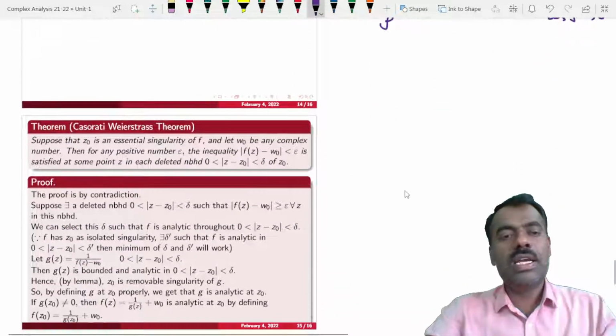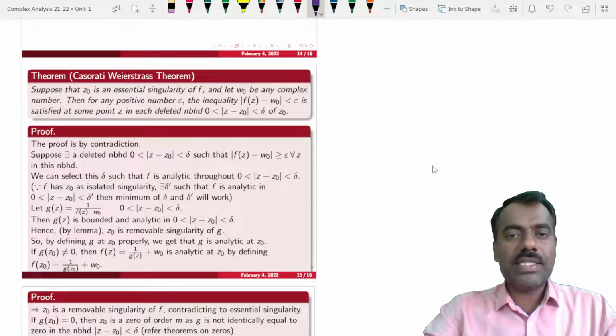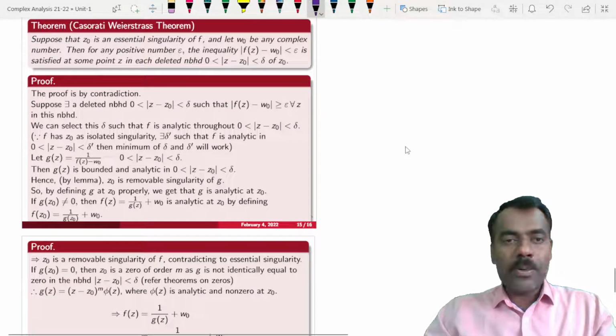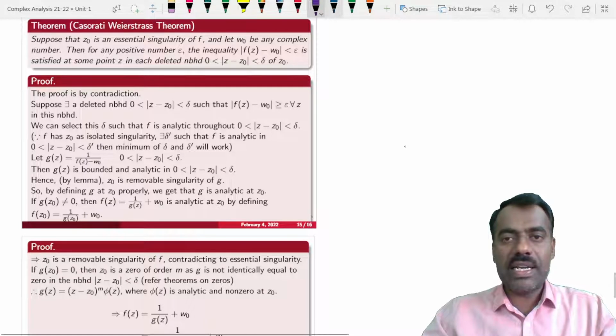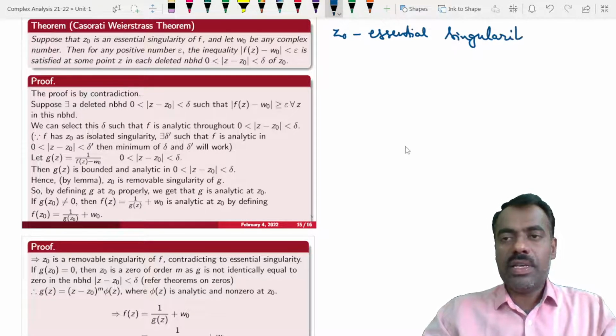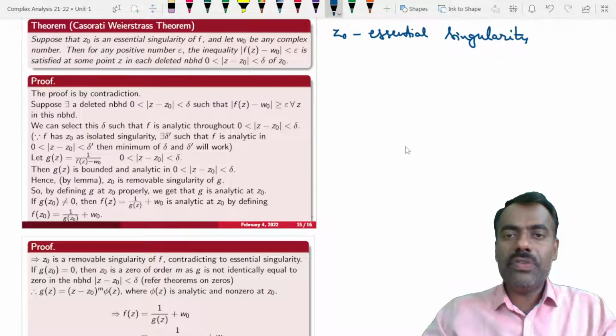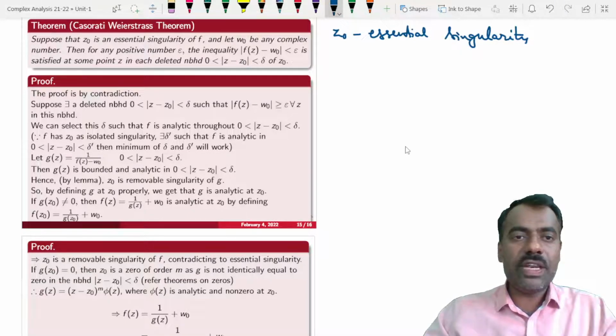Now we'll come to the last result, which is the Casorati-Weierstrass theorem. This is a very interesting result, which says that suppose z naught is an essential singularity of f.